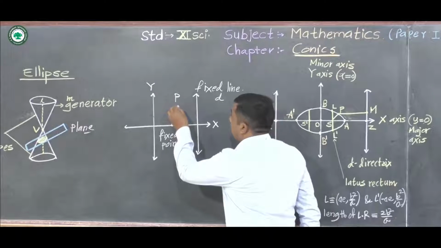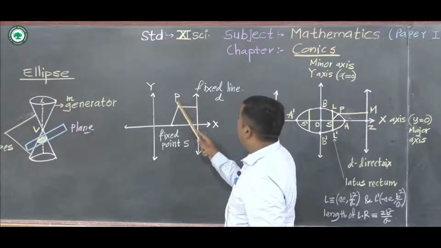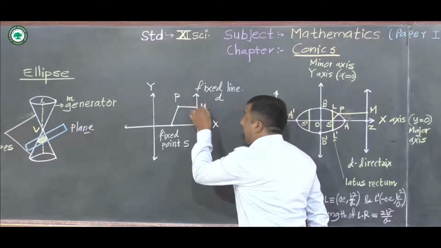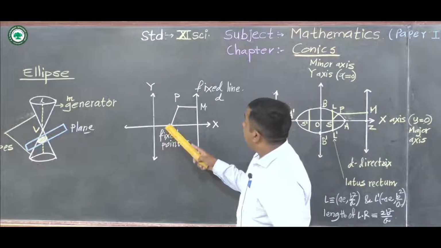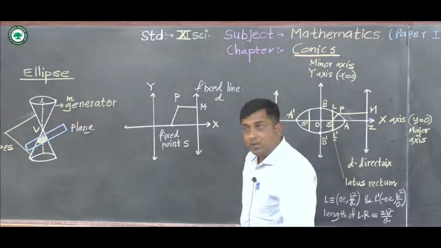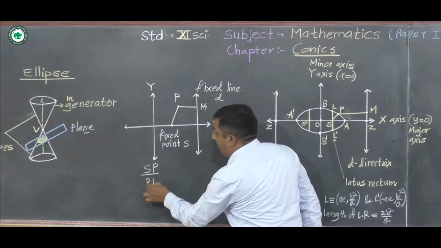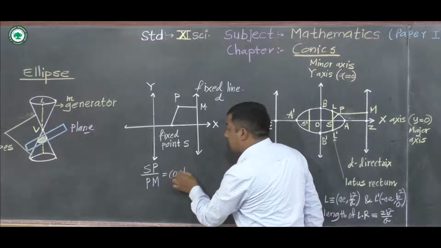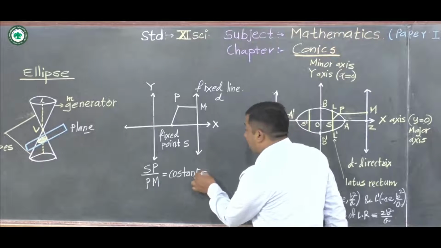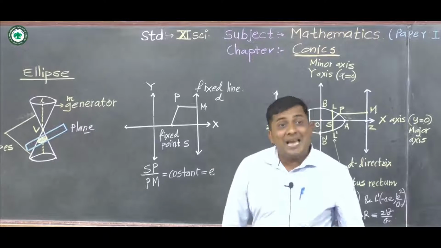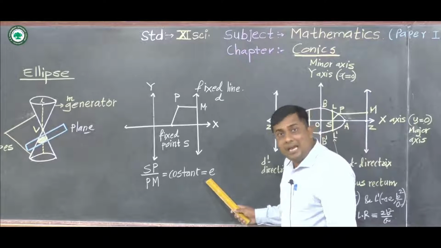Then we join this point P to the fixed line, where the point on the fixed line is M. We consider the ratio between SP and PM. The length SP and the length PM always have a constant ratio, and this constant ratio is called the eccentricity, which we denote by small e.